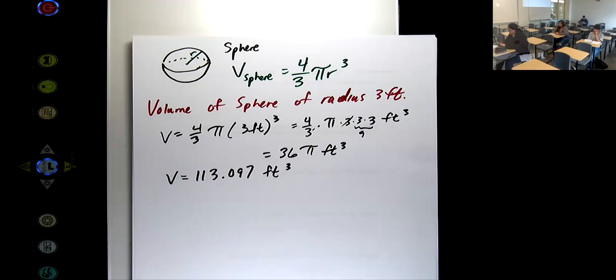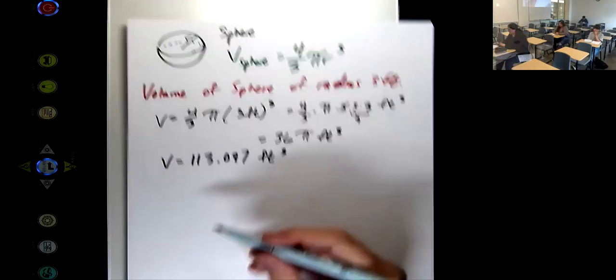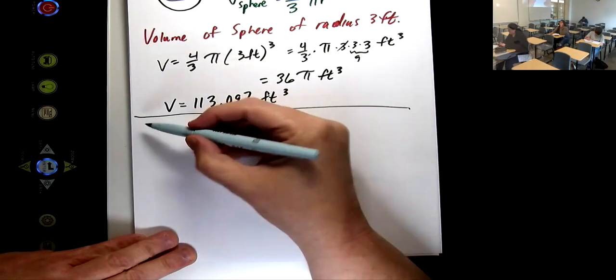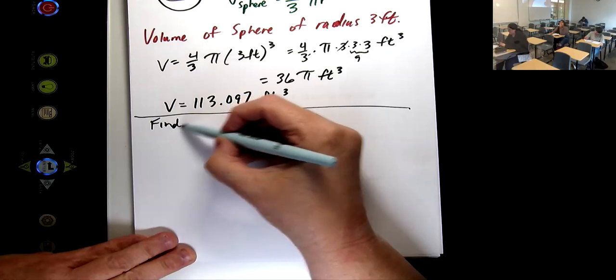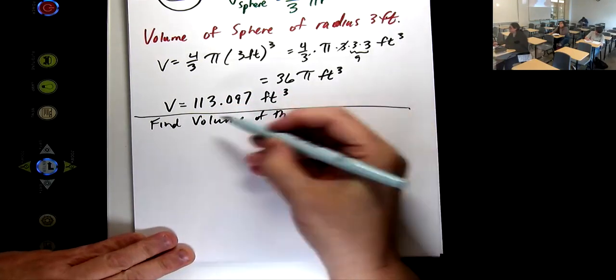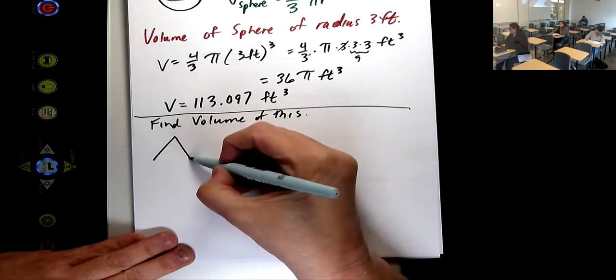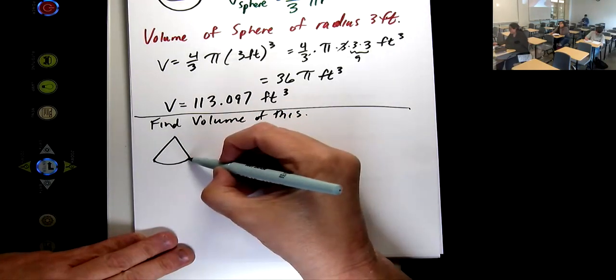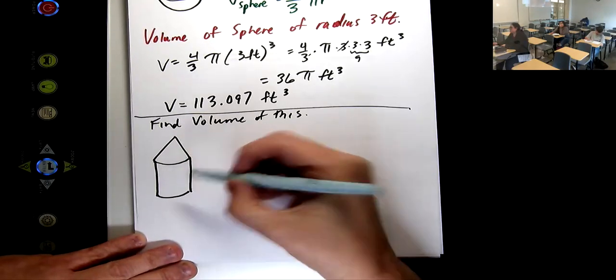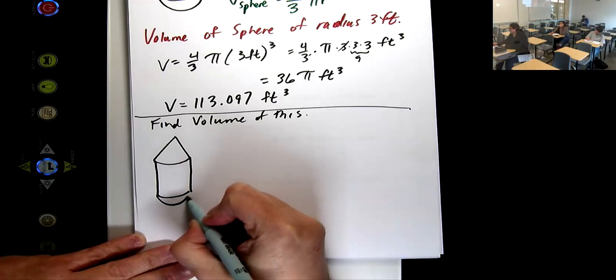We're not gonna do it for time constraints, but you might get a problem like this in the homework, and I want you to know how to do it. So what if they say, find the volume of this? And they've got something that looks like a cone on top, and then there's a cylinder base, and then there's a half a sphere on bottom.